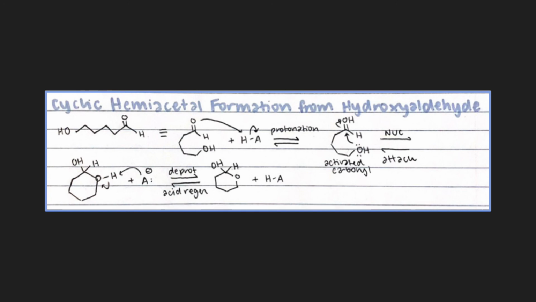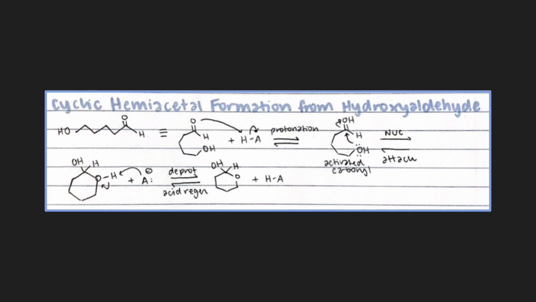So first what we have to do, like what we've been doing, is protonate the carbonyl oxygen to form an activated carbonyl. Again, it's just more reactive, that's why we do this. From there, we break off one of the bonds between carbon and the oxygen of the carbonyl to form a cation that will quickly be attacked by the terminal hydroxy.